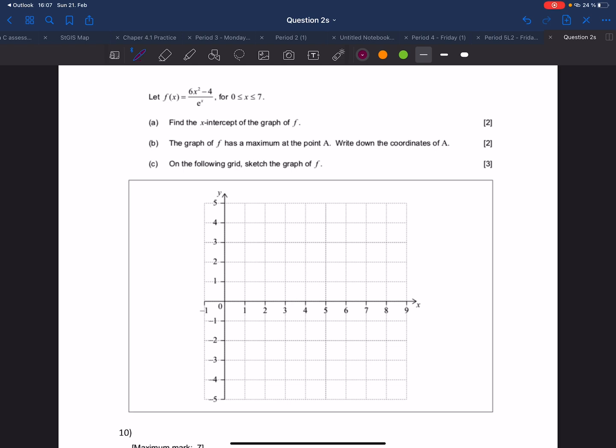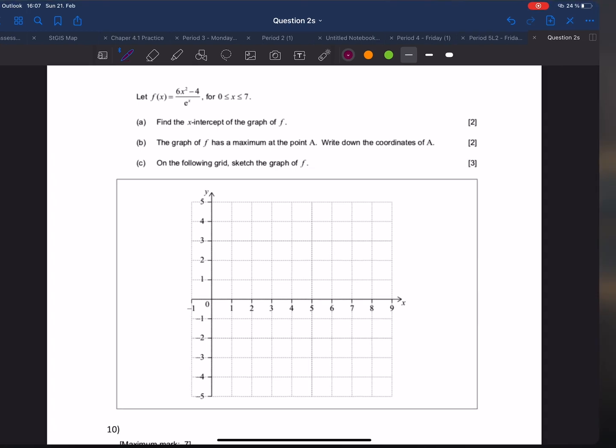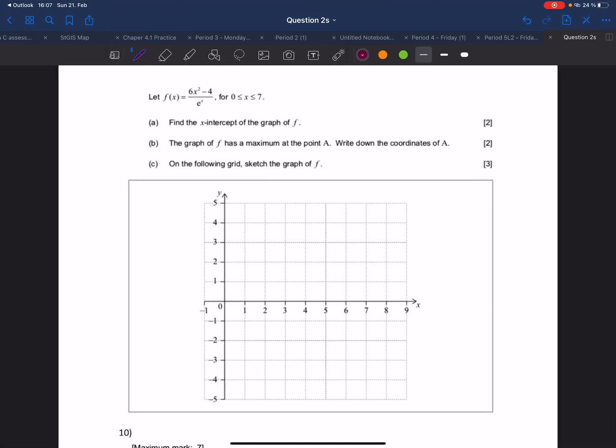How do I do that? There we go. Cool. 6x squared minus 4 all over. Oh no, it's only got the 4 over it. Sorry guys, I just need to put some brackets around it. There we go. All over e to the power of x.